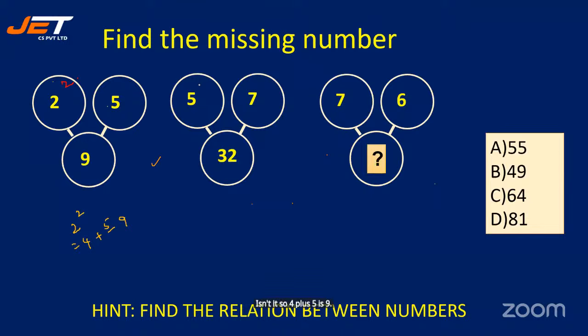Like that, do 5 square. Okay. So 5 square is 25. 25 plus 7, 32. Like that, you can do 7 square, 49 plus 6, 55. So your correct answer must be option A, that is 55.